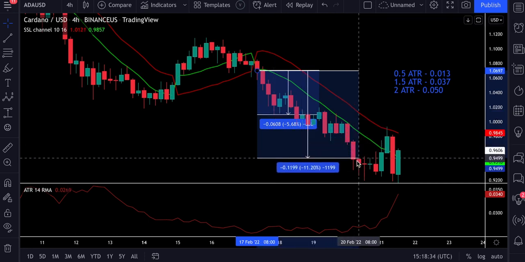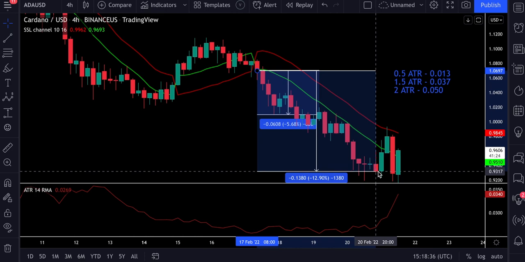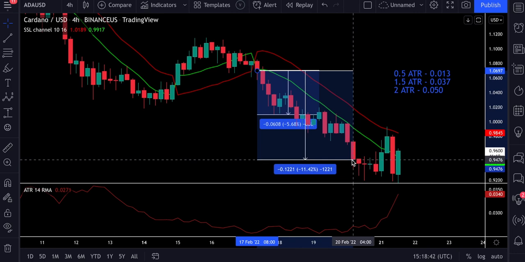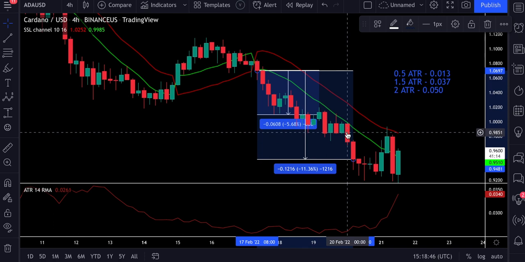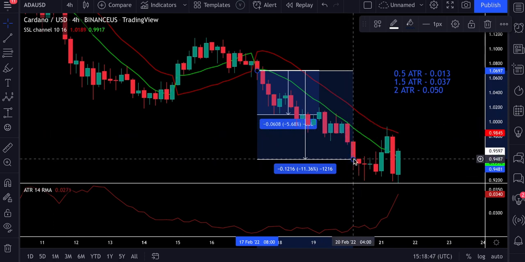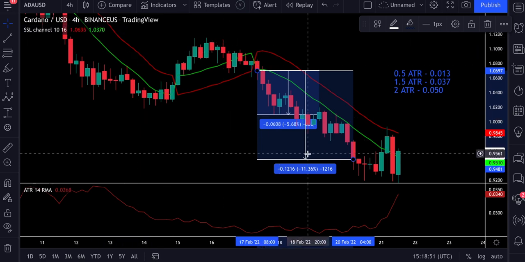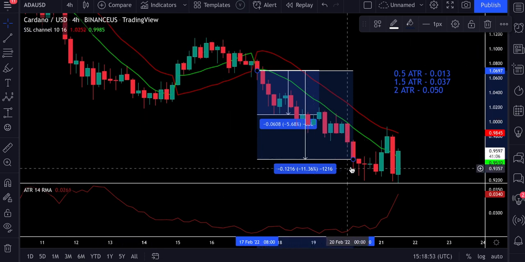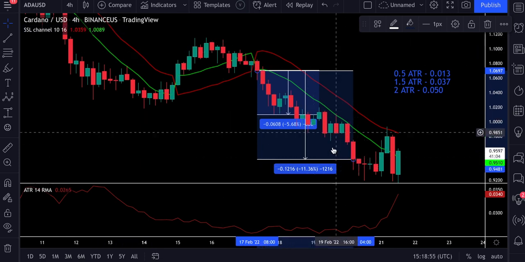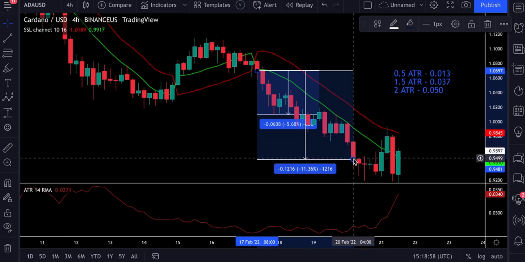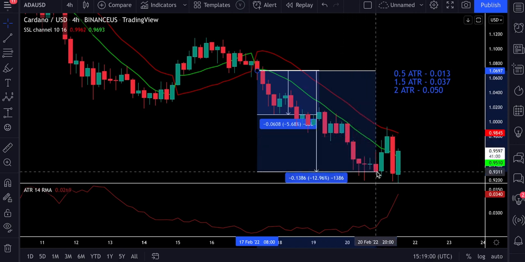And now, for example, it dropped all the way down here. Yeah, you kept adjusting it. And by the way, you need to adjust your stop loss every time there is a new candlestick. So at the moment we have a 4-hour chart. If you're trading a 4-hour chart, every 4 hours you need to adjust your stop loss if the price moves in your favor. So that's how you scale in.